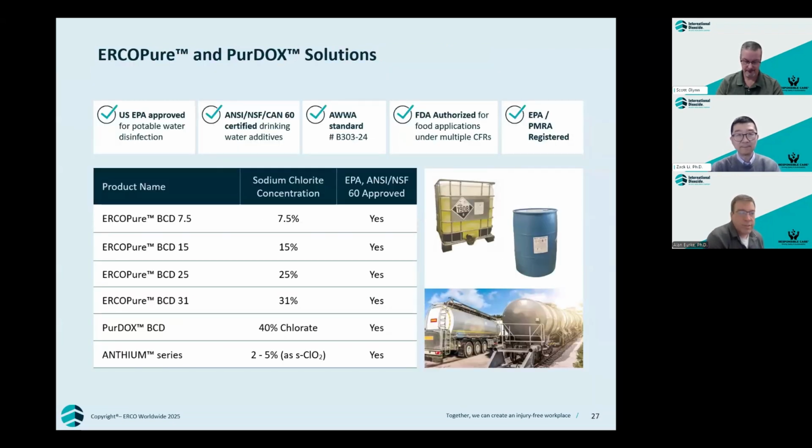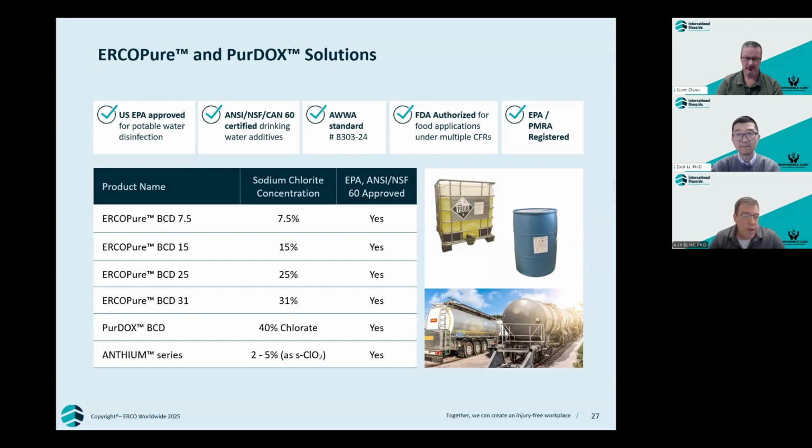ERCO manufactures sodium chlorite and sodium chlorate, which are used in many applications, and we carry all the EPA and Canadian registrations for drinking water use, as well as NSF certifications, and we adhere to AWWA standards for chlorite manufacturing and distribution.